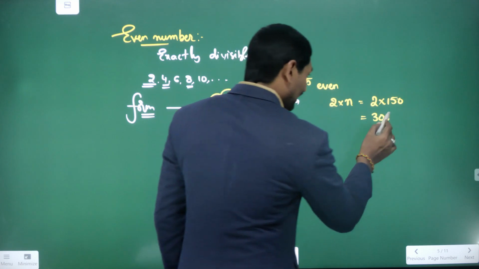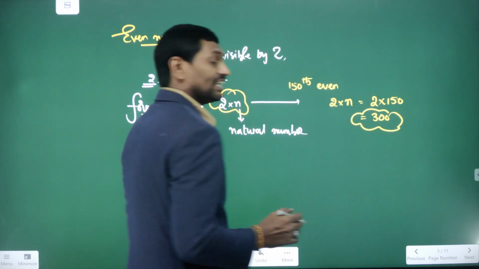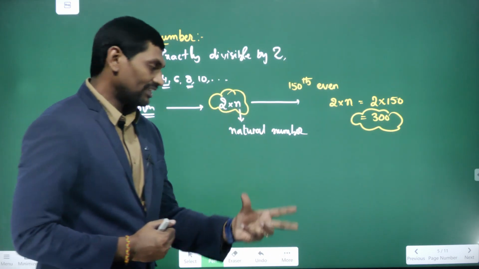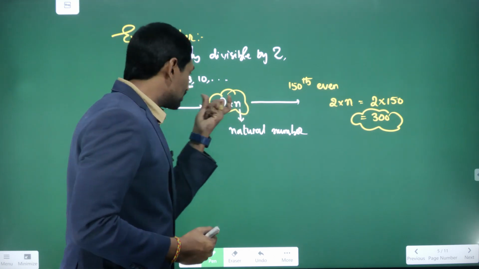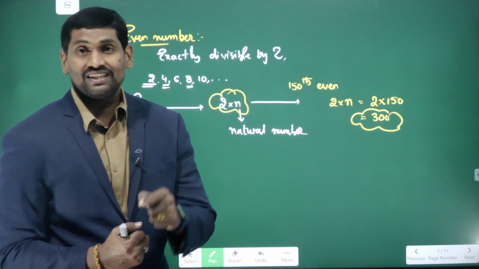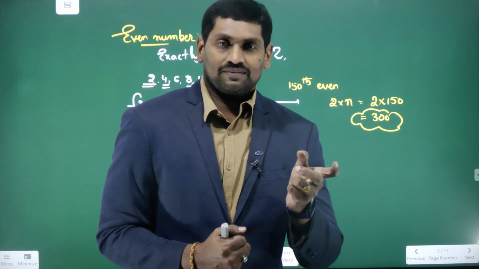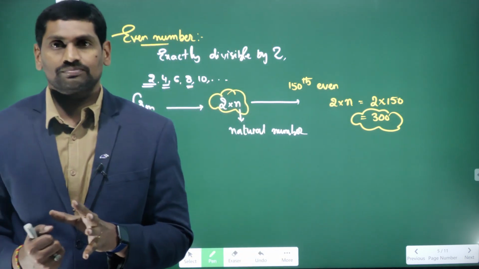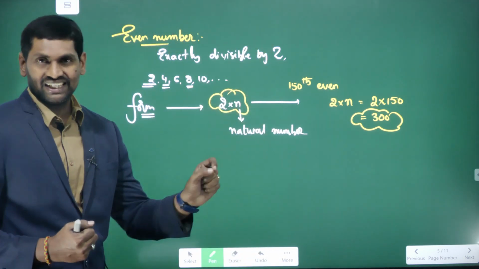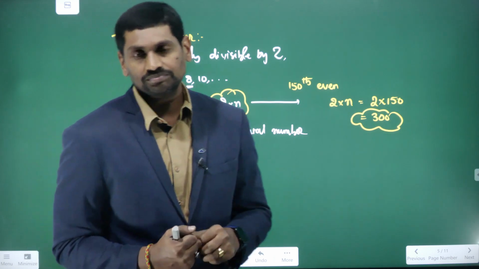Here 300 is the 150th even number. We can use this formula to find any even number we require.